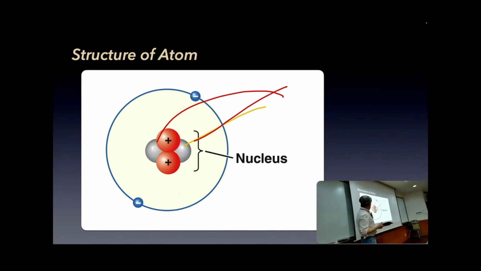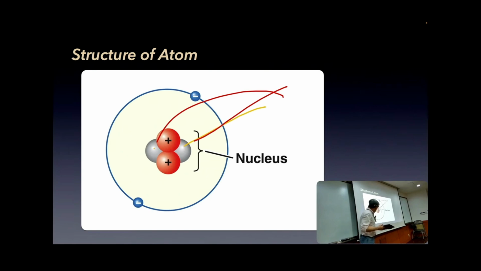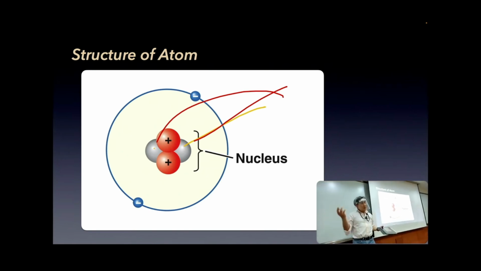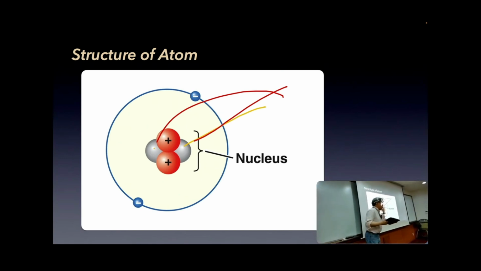So usually the mass or weight of a given atom comes from the neutrons plus protons. In other words, the electrons are very, very light and negligible. So you don't have to consider their contribution from electrons when figuring out how heavy a given atom is. You can totally neglect this.